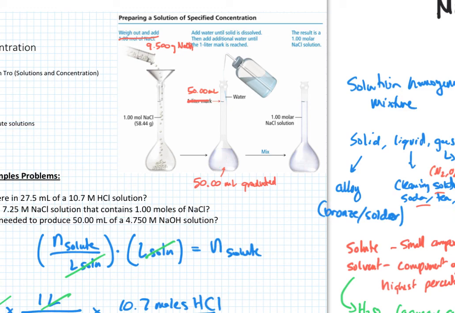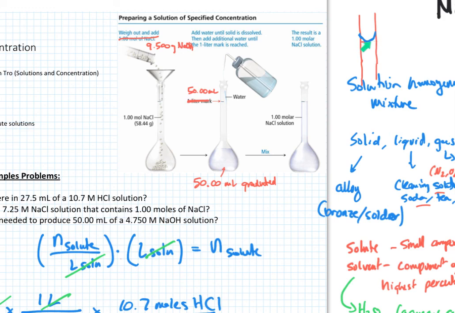Then what we do is we fill the rest of the way up to the mark. If you're in your lab, you might see this long tube, and there's a little mark on it, and you look at it from the side. You want to put it so the meniscus comes right to the bottom of that mark. The best way to do that is to put your eye level with the meniscus, level with the mark on here.